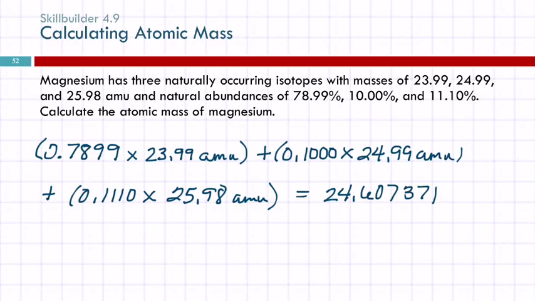So this is something, I think I've said this before, it's always a good idea to do the calculation twice because it is so easy to mess up like I just did. I wish I could say I did that on purpose, but alas, I did not. I think I know what happened.